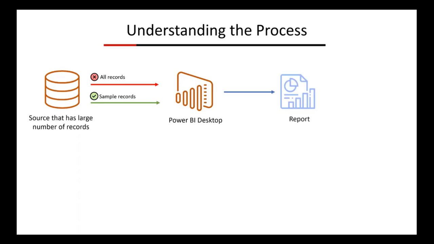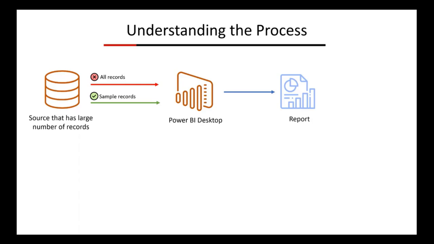Once the report is created, or once the data is loaded and you have applied all the transformations, you can configure incremental refresh with your Power BI desktop. Remember that part, you have no way of configuring incremental refresh in the Power BI service. It can be configured only with Power BI desktop.